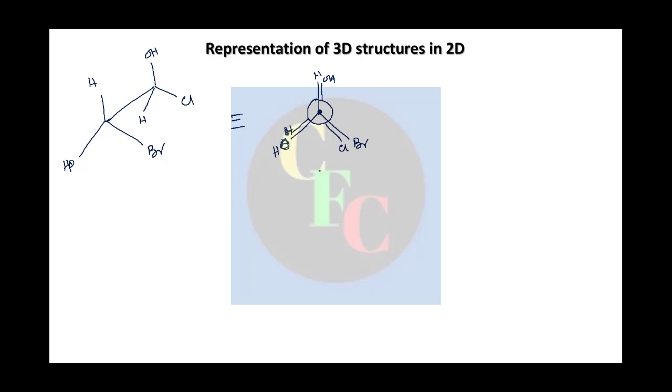Now the next rule is rotate in such a way that the single bonds become Y shaped, right? They become like this.